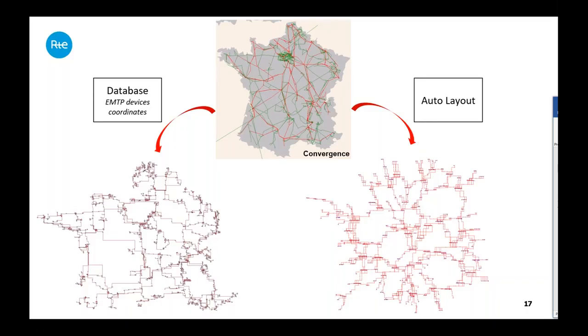The Convergence export module does not provide graphical information, coordinates, because it's optional information and they don't provide it. So we need to find a way to draw the circuit, and we can choose between auto layout on the right or use an external database of device coordinates. This is the circuit on the left, to get the real representation of France.